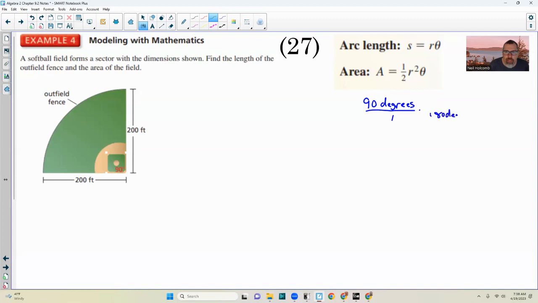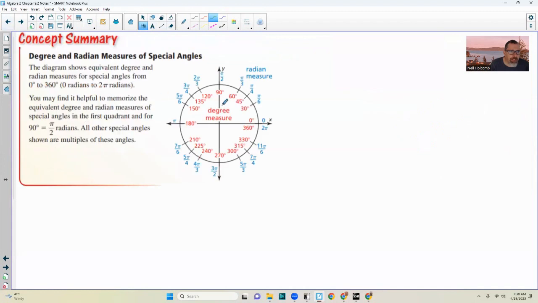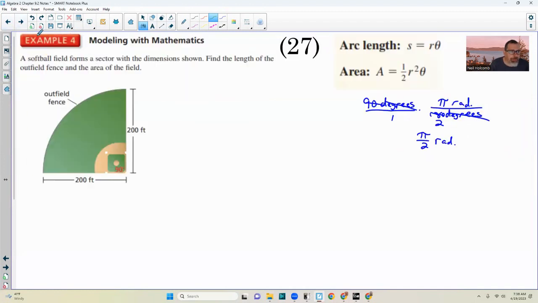The degrees cancel. 90 over 180 becomes 1 over 2, and we get pi over 2, and then I can put radians outside. So it's pi over 2 radians. So 90 degrees is pi over 2, and if you go back, here it is, 90 degrees is pi over 2.